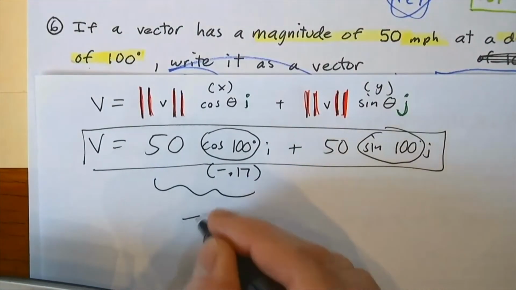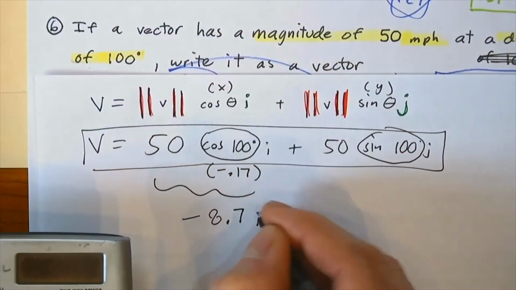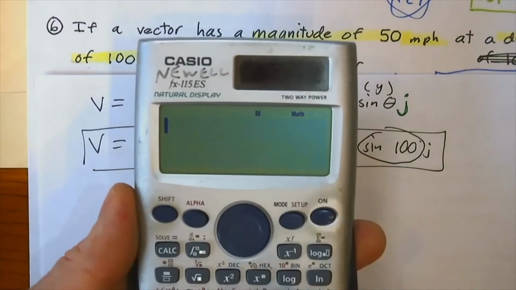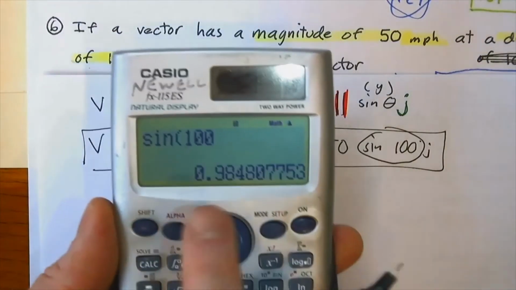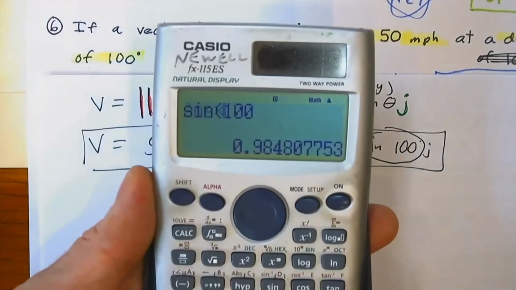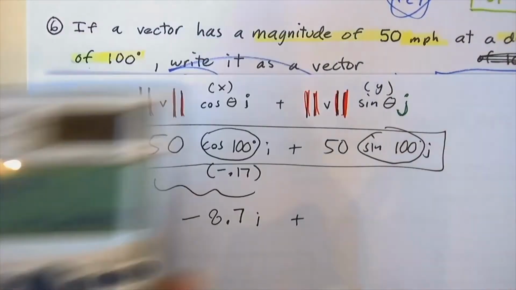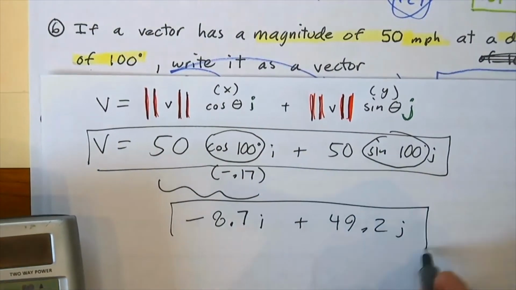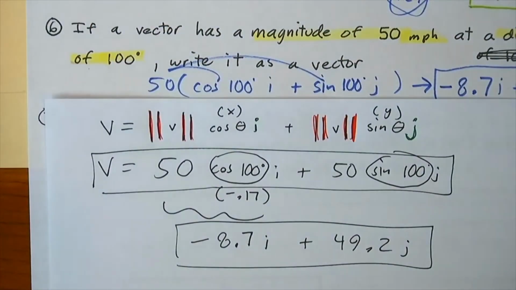So this part is negative 8.6, and I'll round it off now that I'm finished. i plus, and the other one, sine of 100. Don't round it off yet because you have to times it by 50. Keep it in your calculator, times it by 50. Now you can do some rounding. 49.2. 49.2j. This is your vector. Okay, so that's how you do it.